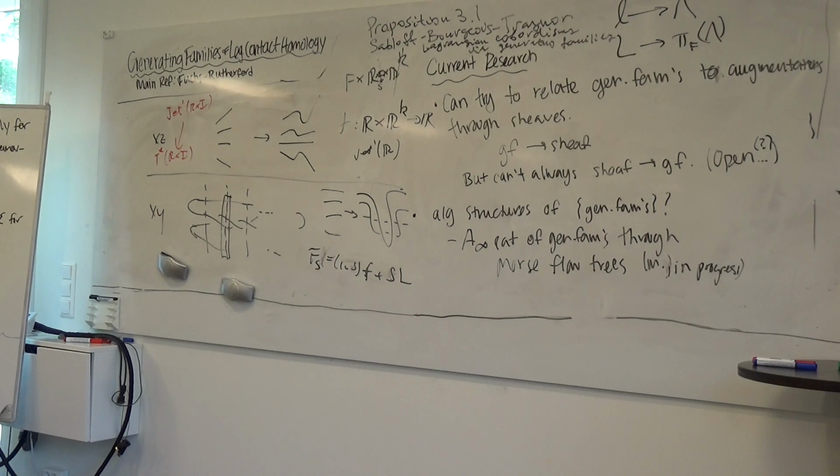But in higher dimensions, we're currently of the following opinion: for example, the 2-dimensional unknot admits two inequivalent generating families, but only one sheaf of any kind.